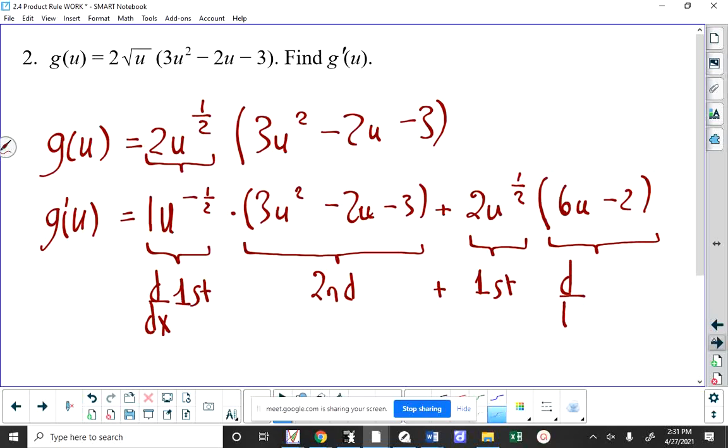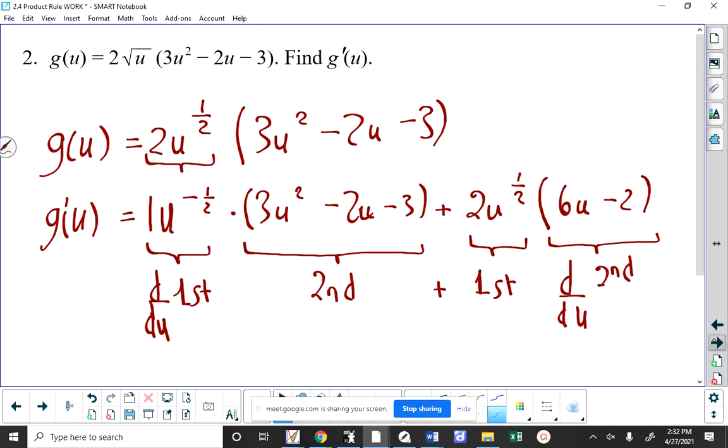This is d dx of the second. And I realize something here. It's actually d du. There's no x. And I want to say, what's the big deal? It doesn't matter. It does matter. It does matter. It will certainly matter later.